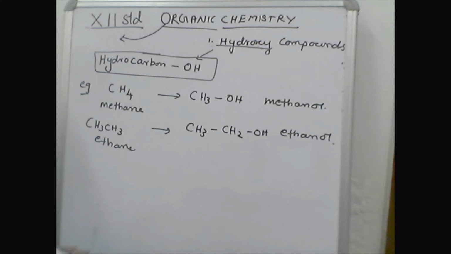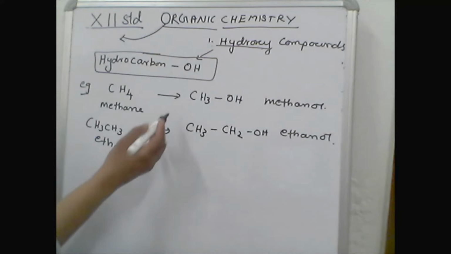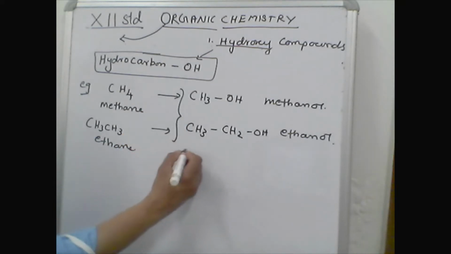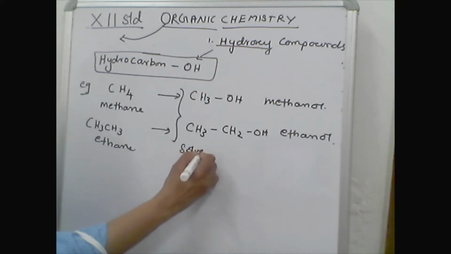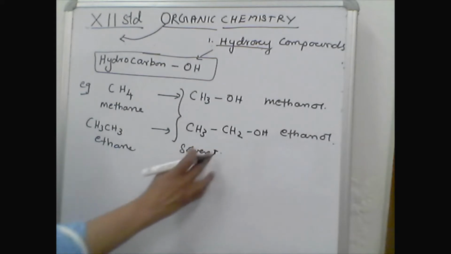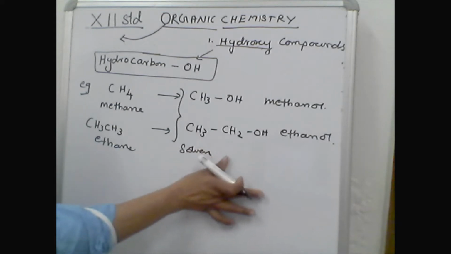And why are hydroxy compounds so important? Because we use a lot of hydroxy based compounds in everyday life. For example, other than these two, they are used as solvents in the organic chemistry lab or in pharmaceutical companies.